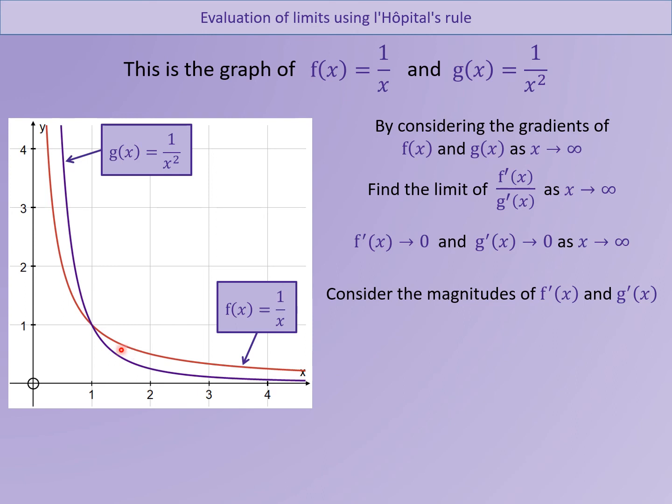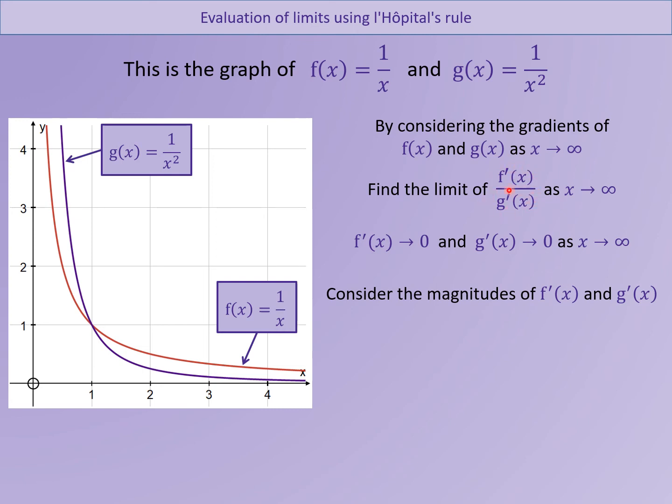Taking number 2 as an example, notice that the red graph has a steeper gradient than the blue graph. And in fact, the red graph always has a bigger gradient than the blue graph, and the gradient of g of x is tending towards zero at a faster rate than this one.